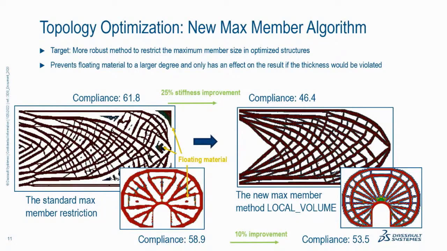So this gives the optimizer more freedom to place the material as compared to the previous version. And what this means is we don't get floating material like this or disconnected structures like this one here. And in this particular case, we even managed to improve the objective while getting a well-connected structure and a well-differentiated structure as well. So this works for 2D and 3D equally well.